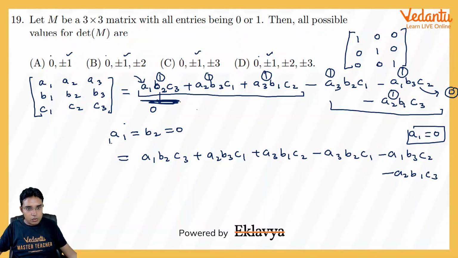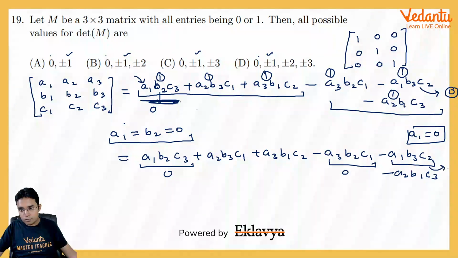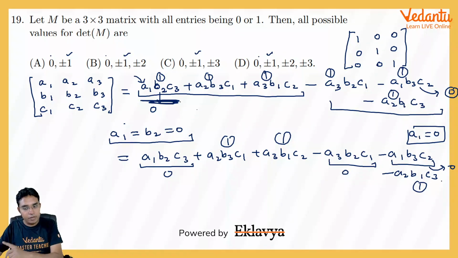If I make these 2 zero and all 7 other elements 1, this first term will be 0, and it will also make this to be 0, and this will be 1, this will be 1, and this will also be 1. So you can see my value will be 1: 1 plus 1 minus 1, so 1.